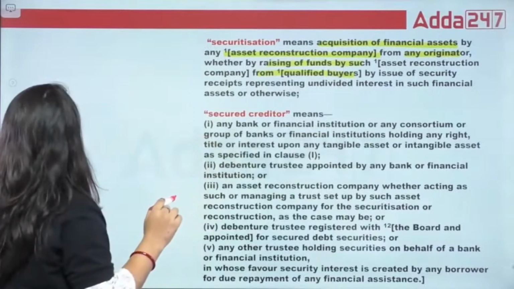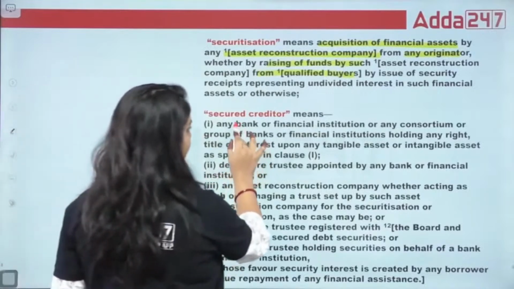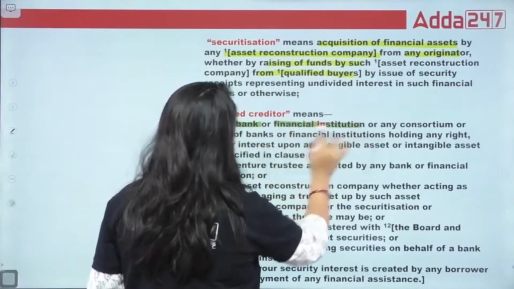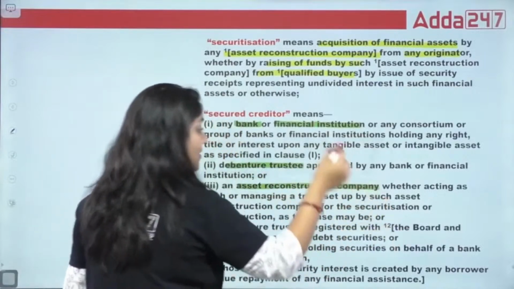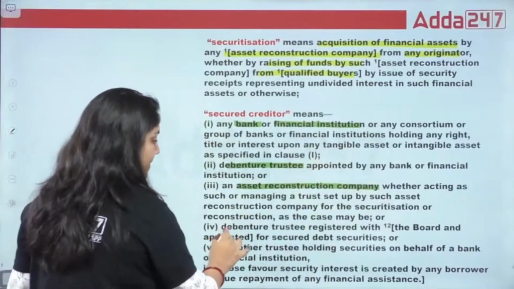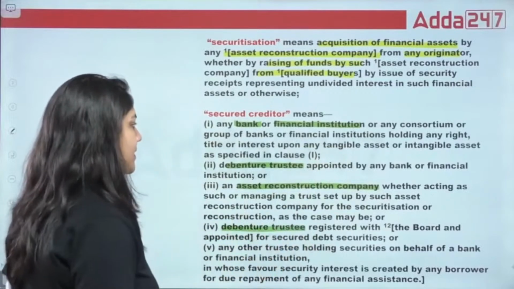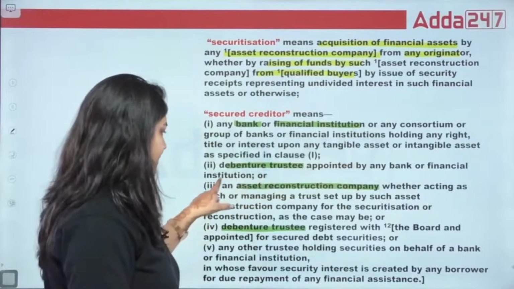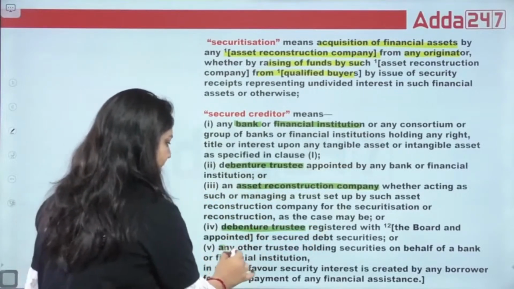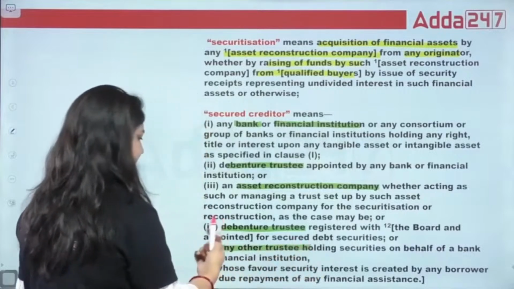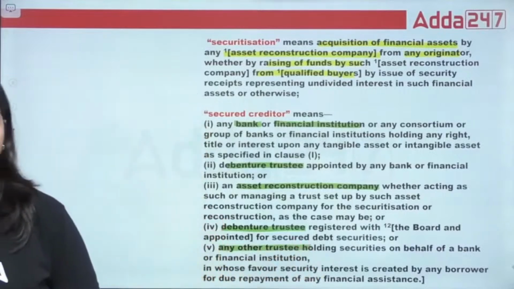A secured creditor consists of a bank, financial institution, debenture trustee, and an ARC company. A debenture trustee is appointed by a bank or financial institution and registered with SEBI. Any other trustee, that's it. So this is called a secured creditor.